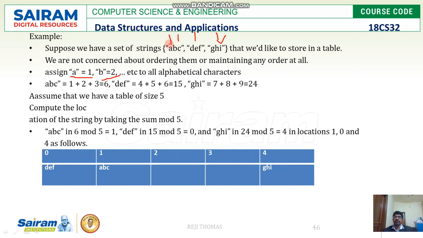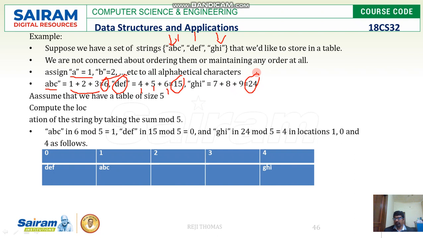For ABC, we are going to find the sum: 1 plus 2 plus 3, which is going to be 6. In the same way, for DEF, 4 is for D, 5 is for E, and 6 is for F. When I add them, I get 15. For GHI, I get 24.